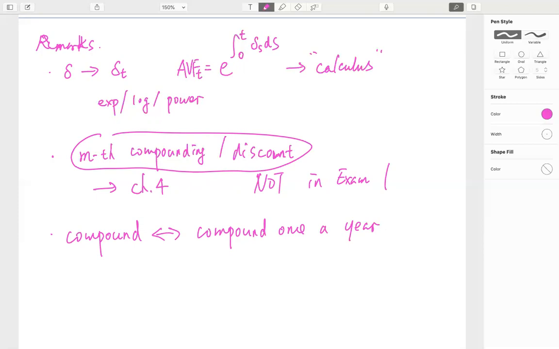For that reason, when you see effective interest rate, that is the same as saying you have compound interest rate per year. Again, that is the default setup. Since we are not supposed to study m-thly compounding, there's no confusion at all. Whenever you talk about the effective interest rate, we can use the compound interest. So that's the end of my review.